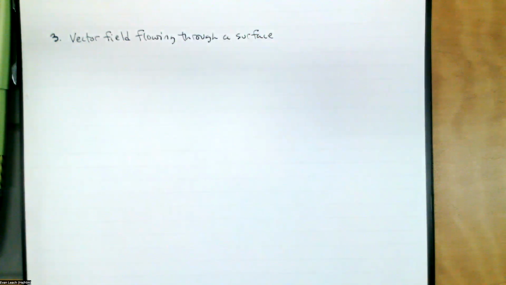Another thing that we want to think about is vector fields. This one is going to be a vector field in R3. And we can imagine the vector field flowing through a surface.